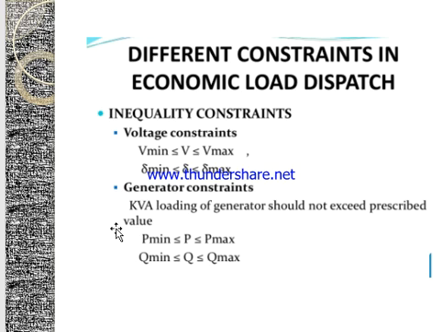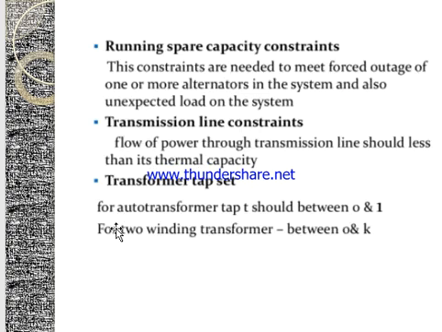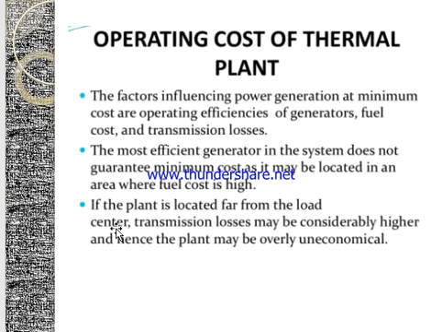Here we have the inequality constraints: voltage constraints and generator constraints, the running spare capacity constraints, because running spare generators are necessary, and then transmission line constraints, transformer tap settings, etc. These are the obvious conditions which have to be considered while designing a system.